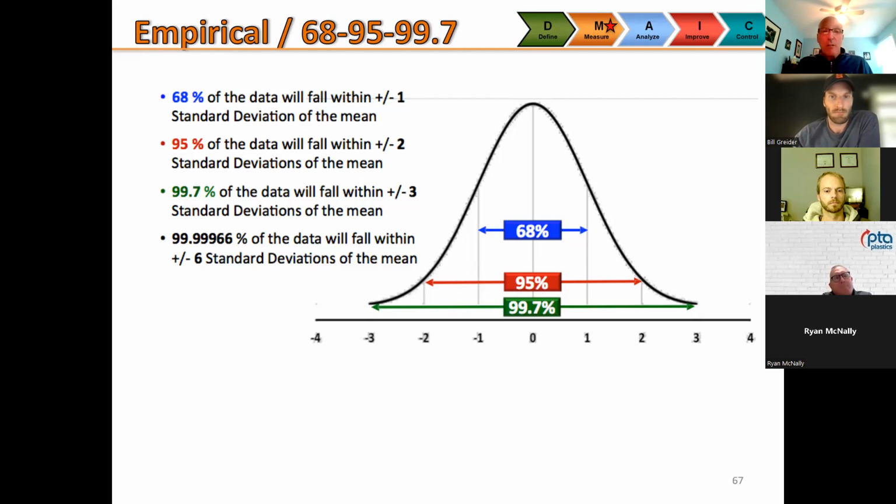And I know that 95% of the data is going to fall within 2 standard deviations. So that's 8 pounds one way, 8 pounds the other way. So 95% of the data is going to fall within that spread. 99.7% is going to fall within plus or minus 3 standard deviations. And then almost 100% is going to be within 6 standard deviations of the mean.